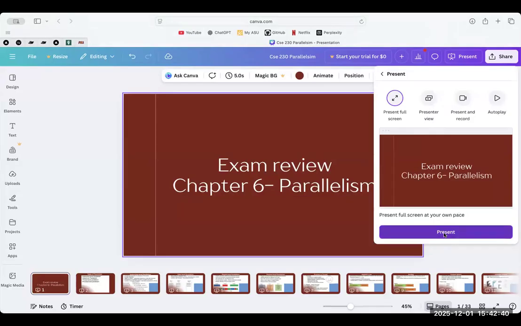So we're going to go through chapter six, parallelism. What are the different types of parallelism? There are four main types. Instruction level parallelism, where multiple instructions overlap using pipelining. Second is data level parallelism, where the same operation is applied to large sets of data like vector operations.